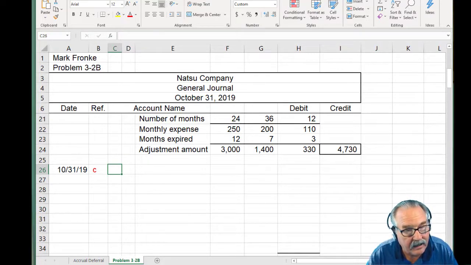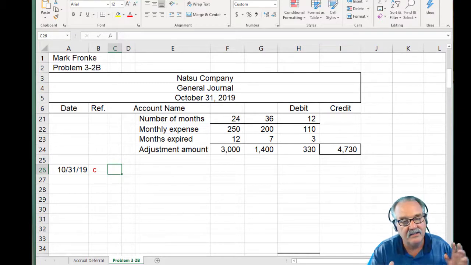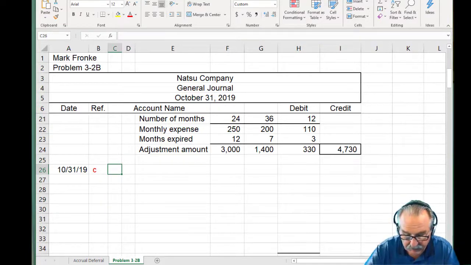Remember, we're thinking at midnight on the 31st of October, how much do we owe our employees? We're not going to pay them right now because we'll pay them the next Monday, but we need to accrue this because this is in the month of October, and we don't want that expense to be in the month of November because that would be in the wrong month.